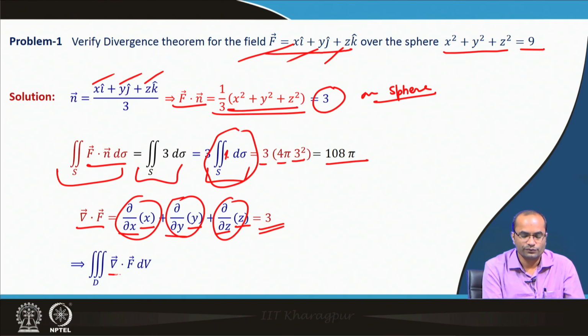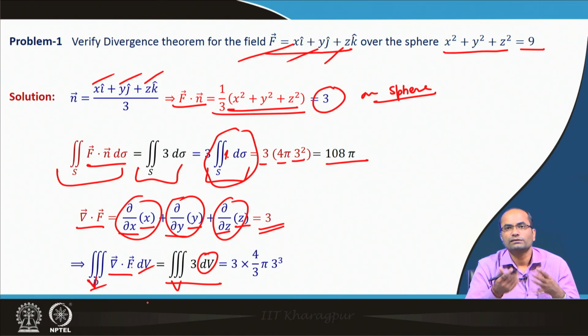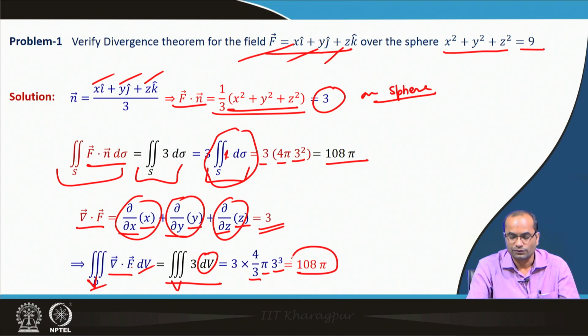And now we can compute the other side of the divergence theorem, which is the divergence of f integrated over the volume V. So, this is exactly 3 times this integral over the volume V. So, 3 is again the constant, and this triple integral will give the volume of the sphere, which is 4 by 3 pi r cube, and again if we see, this is coming to be 108 pi.